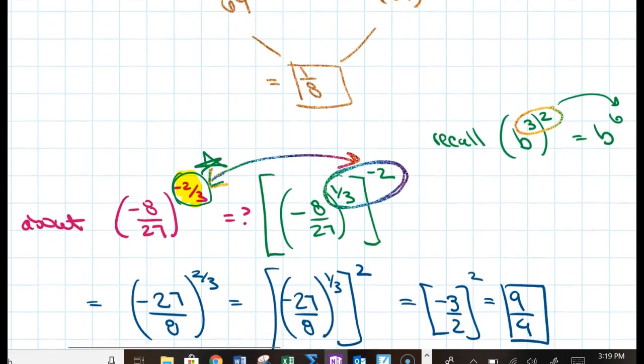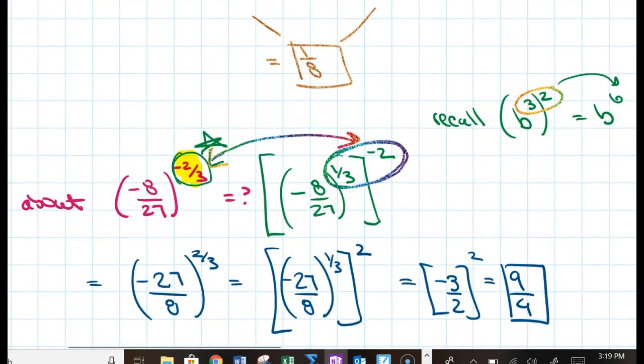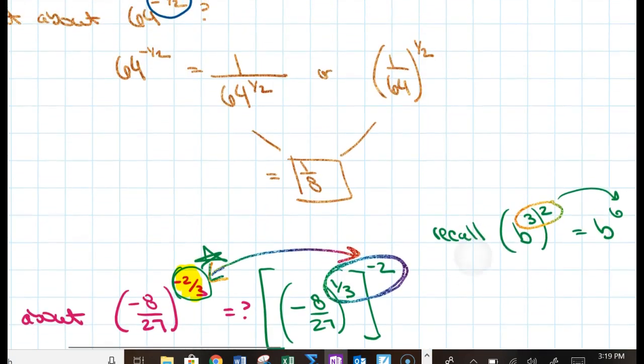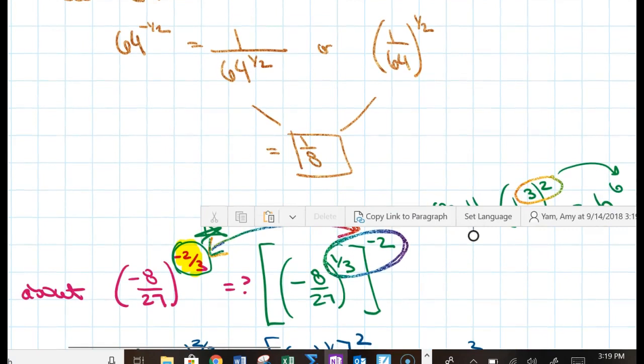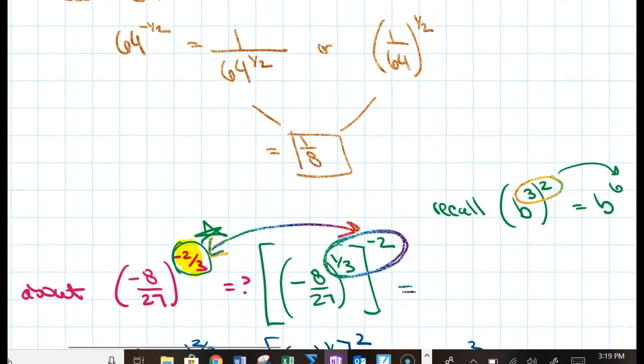And let's see, what did I do here? Oops, okay, I went a different direction. Okay, so now I'm going to say, okay, what is negative 8/27 to the 1/3? This is asking you for the cube root of negative 8. Well, that's negative 2. What's the cube root of 27?